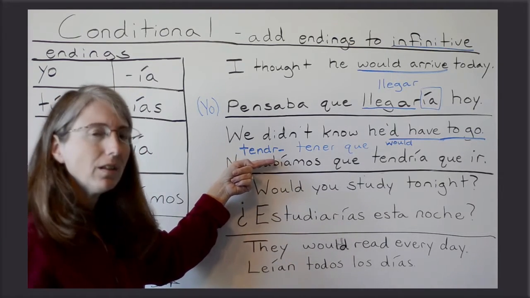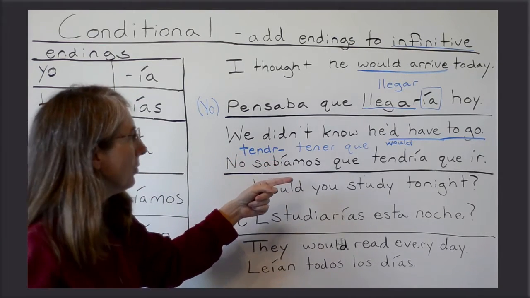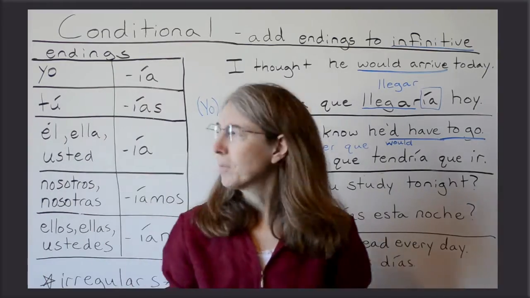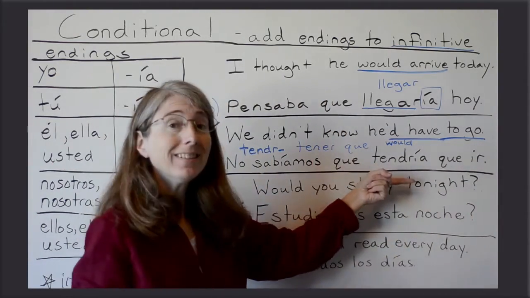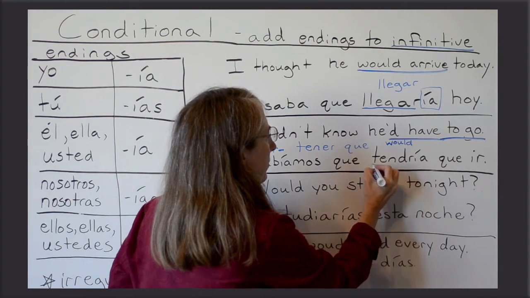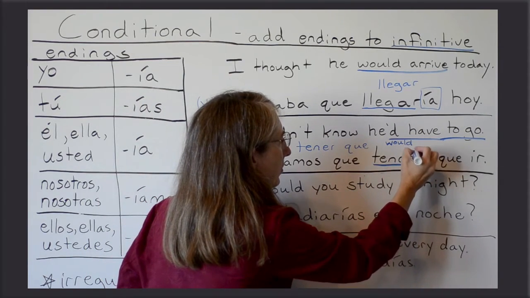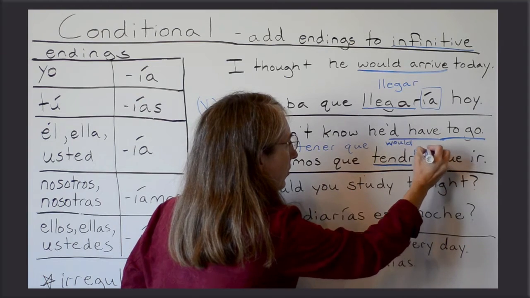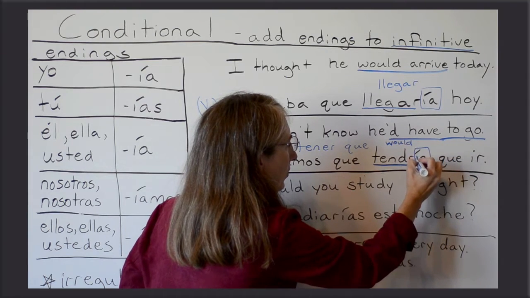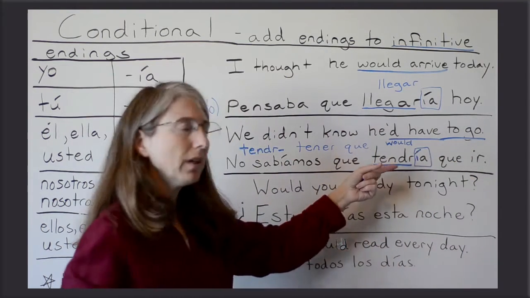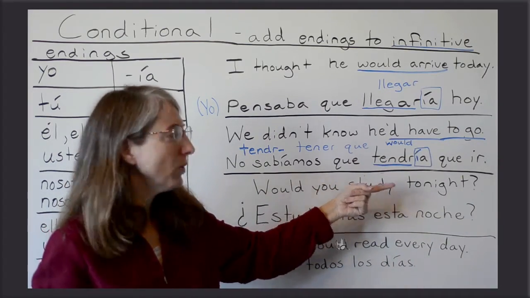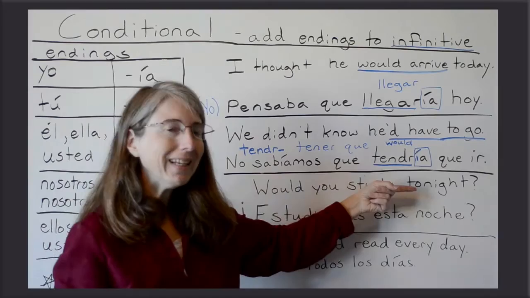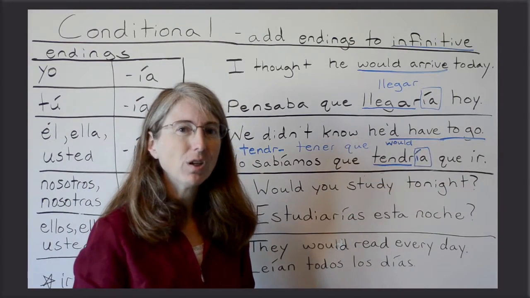So for tendr-, the ending would be the él form, ía: tendría. Él tendría, and the él is implied, we could put that in there if we wanted to. No sabíamos que tendría que ir, that he would have to go.